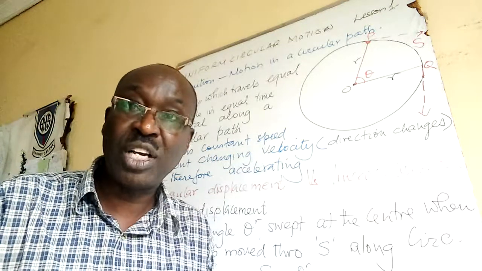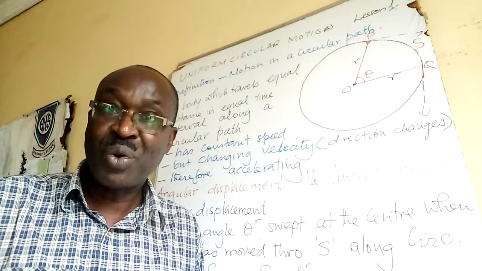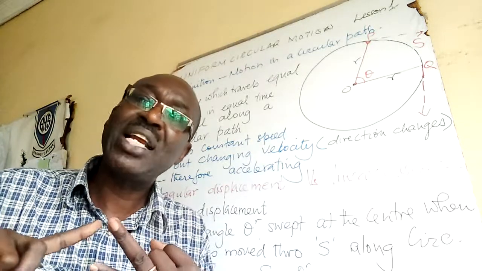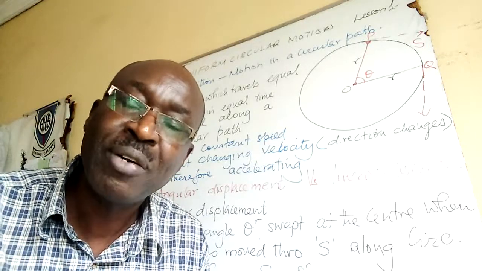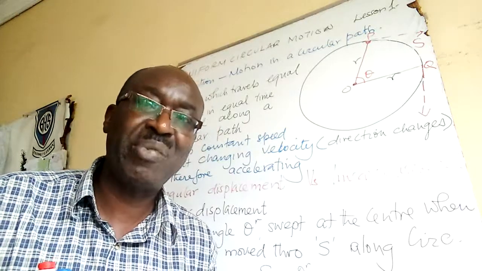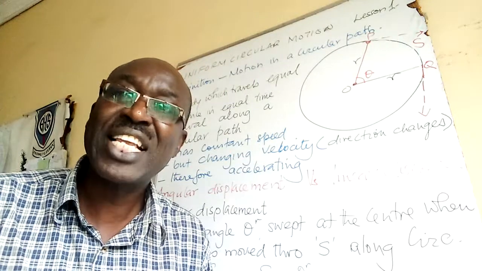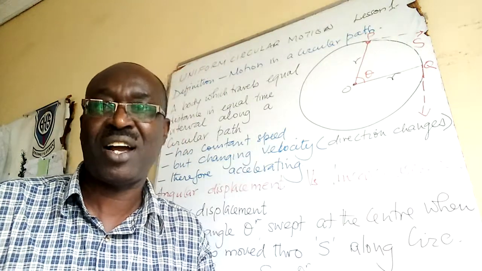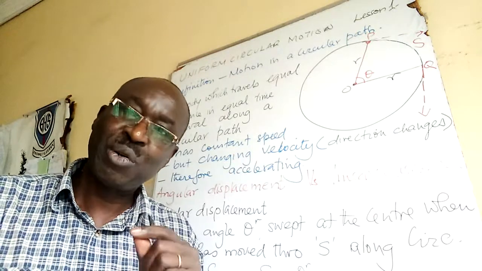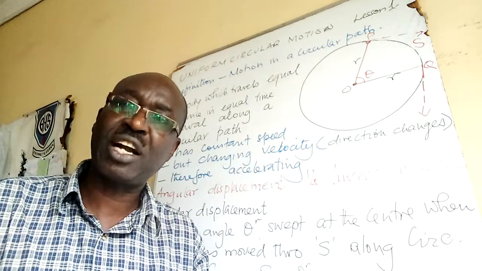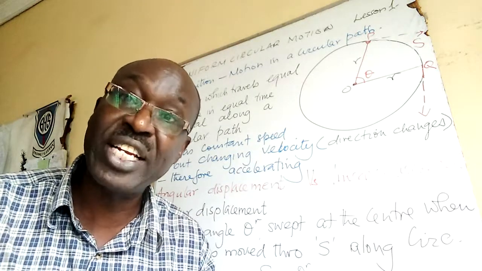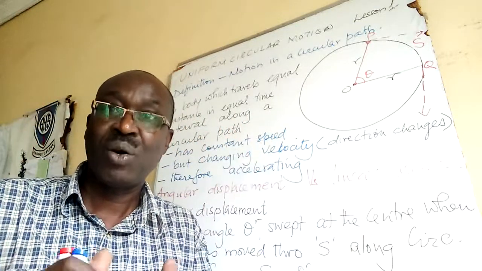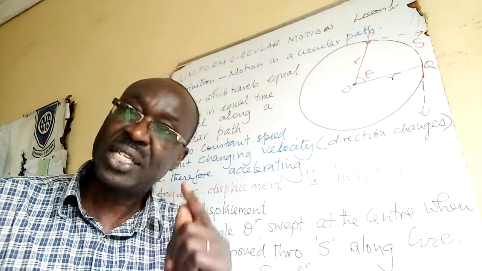We have reminded ourselves what is distance and what is displacement. And in mathematics, S has subtended an angle theta at the center. From the center to any point on the circumference is known as the radius. Those are basic things. We get into business.